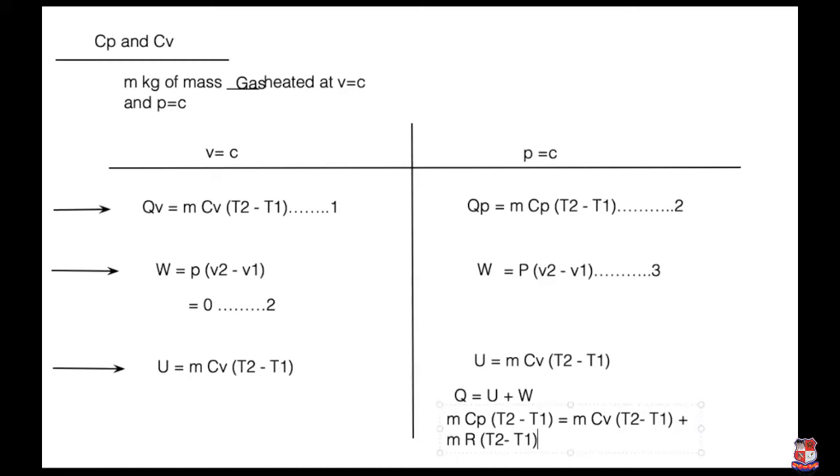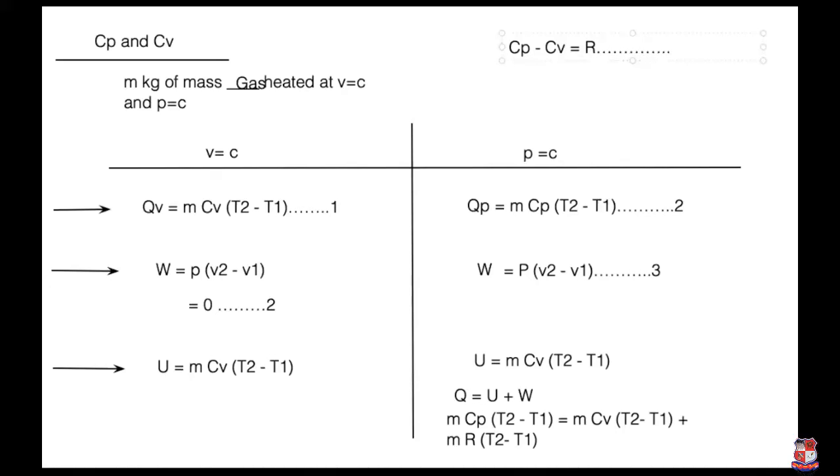Here you can see that M is cancel out, T2 minus T1 is cancel out. So what is the remaining thing? CP, CV, and R. So what is the equation? CP minus CV is equal to R. And it is the main equation.